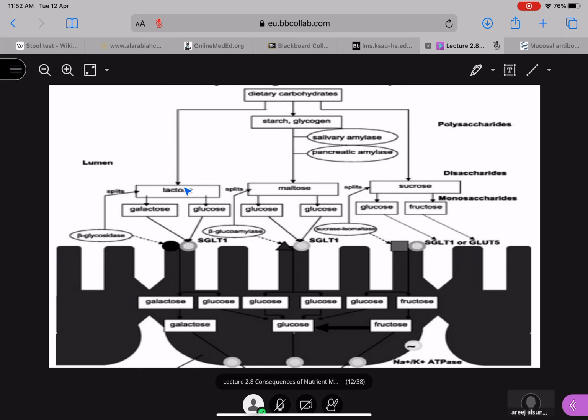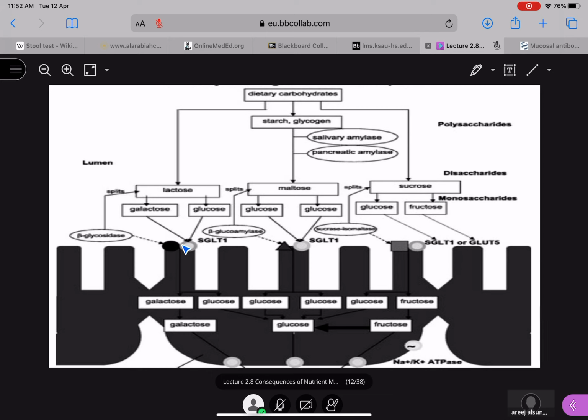If we ingest disaccharide like lactose or sucrose, this is the enterocyte and this is the brush border of the enzyme. In the brush border, there is a digestive enzyme for carbohydrate. For lactose, we call it lactase. For sucrose, saccharase. For maltose, we call it isomaltase.